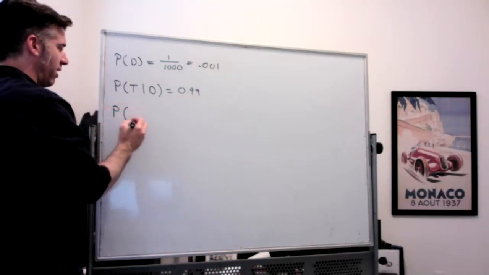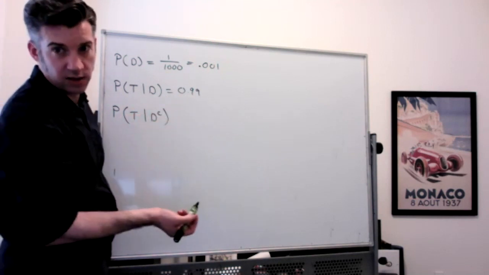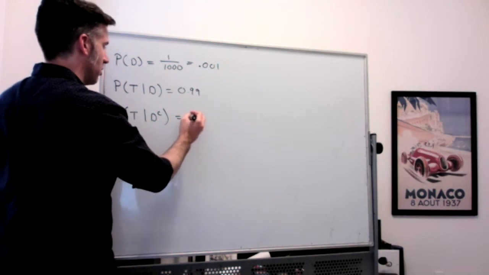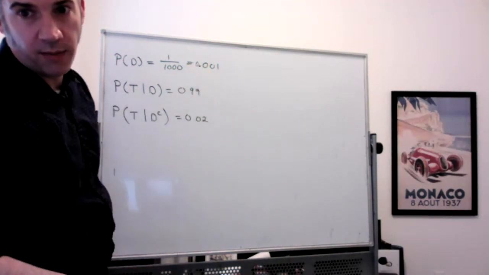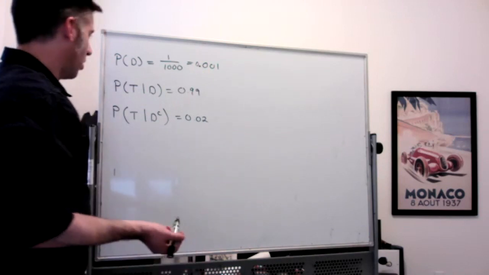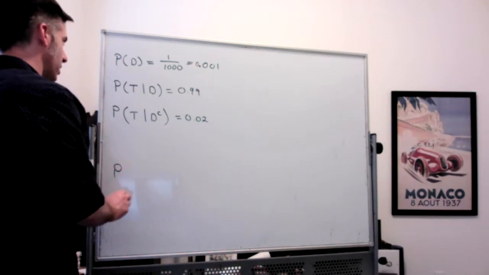The probability of having a positive test when you don't have the disease is 2%, so 0.02.